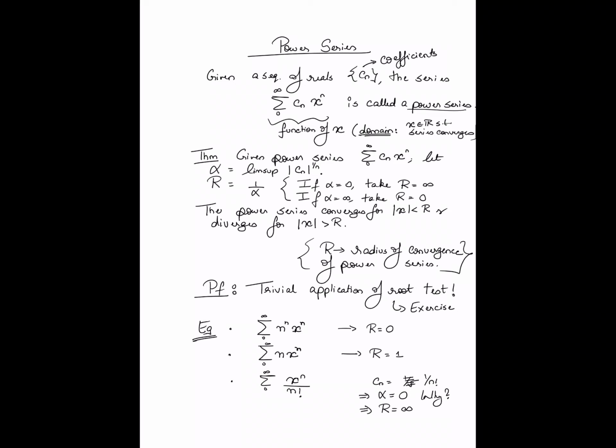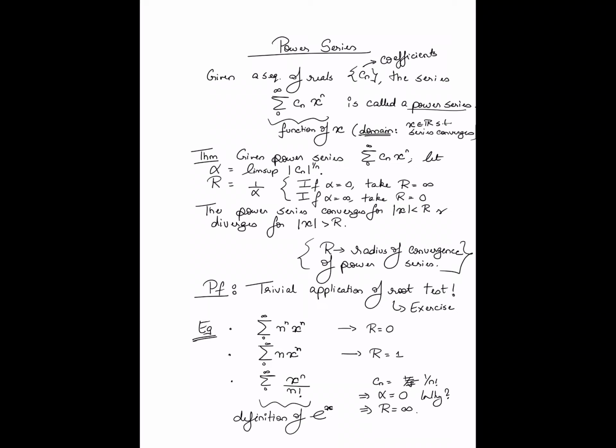In this case r is infinity. What does that mean? That this series actually converges for every real valued x, right? And in particular, this is a very important series. This is in fact the definition of e raised to x. Okay, in particular, if you choose x equal to 1, you will see that that is in fact exactly how we define e to be.